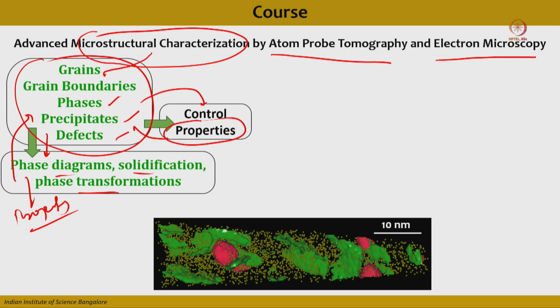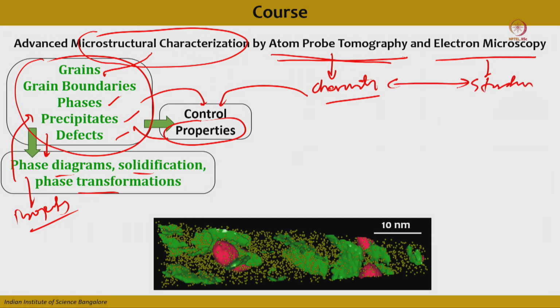Now, characterization can be done, as I told you, by atom probe tomography. What is atom probe tomography? It gives the chemistry, meaning the chemical composition of these microstructural features. Electron microscopy gives the structure, like the atomic structure.